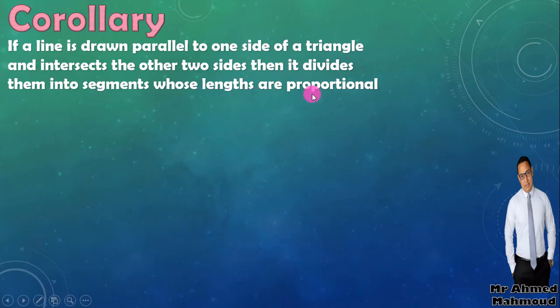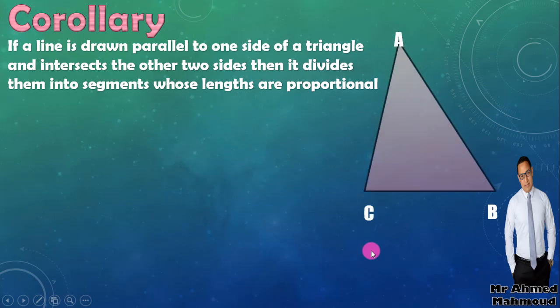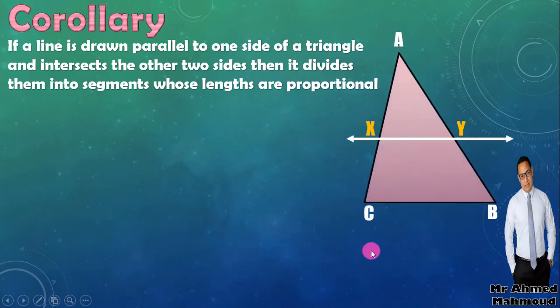It looks like the theorem, but the intersection may be internal or external. This is a triangle and this is a straight line intersecting the two sides AB and AC internally and parallel to BC. We get AY over YB equals AX over XC and so on. Or the intersection may be external, like this.